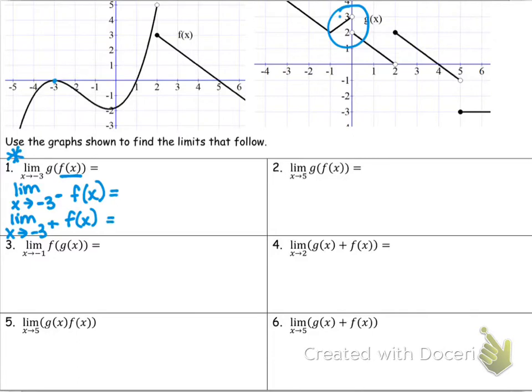Okay, so when we find the limit as x approaches -3 from the left, that gives us 0. But which side are we approaching 0 from? Do you see we're approaching 0 from values less than it because we're coming from underneath? We're approaching 0 from the negative side of it.